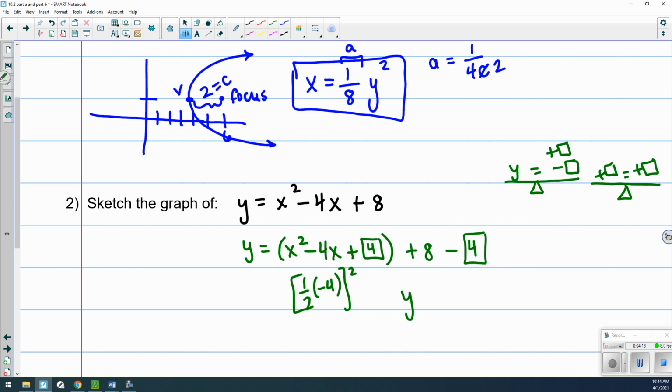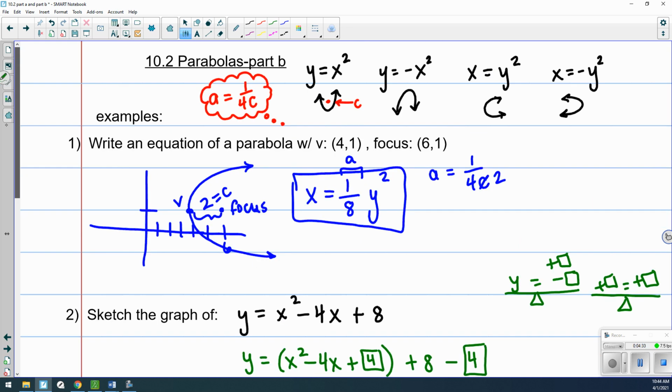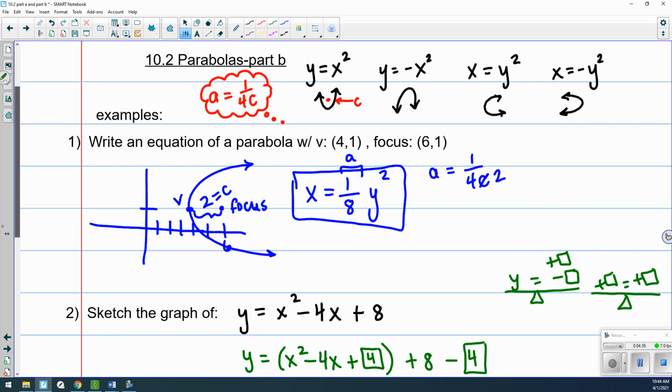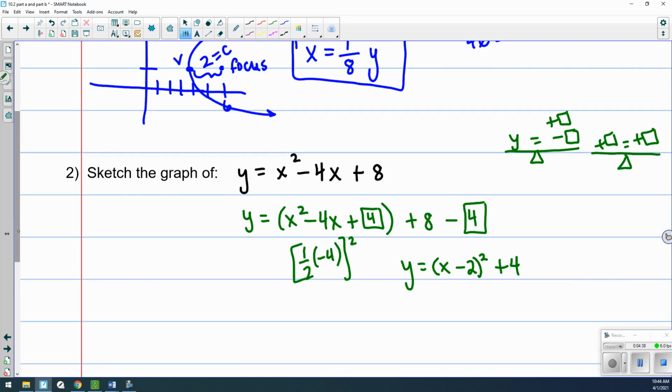So now I have y is equal to (x minus 2) quantity squared, plus 4. And then from here, I'm going to put this into more of a form like I have up there at the top. I have a y and an x squared. So to get this into that y equals something times x squared form, I'm going to leave space for my a, and then push (x minus 2) squared over here.